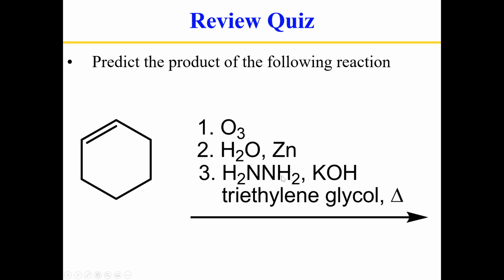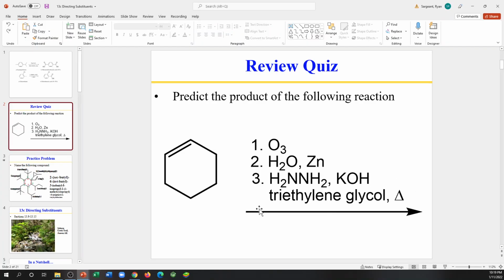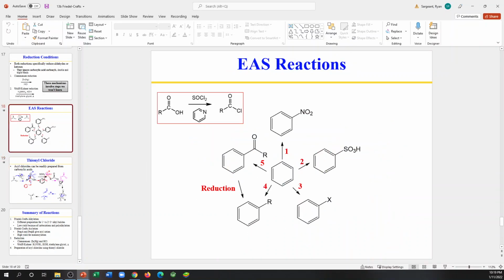We looked at Wolff-Kishner reduction as a way of interconverting between Friedel-Crafts acylation and Friedel-Crafts alkylation. I will go back to 13b, and remember this wheel of electrophilic aromatic substitution reactions: the nitration reaction, the sulfonation reaction, the halogenation reaction, the Friedel-Crafts alkylation reaction, which sucks, and then the Friedel-Crafts acylation reaction.